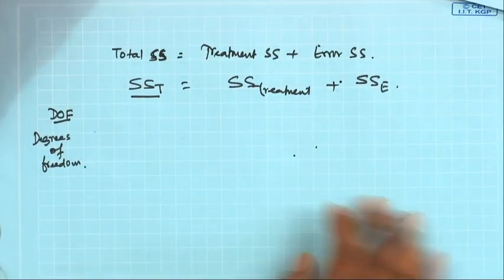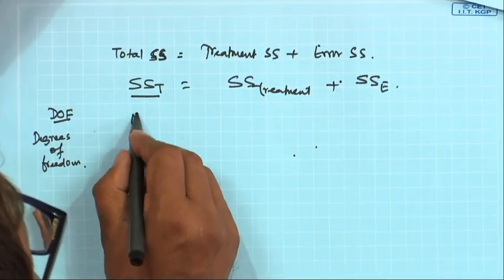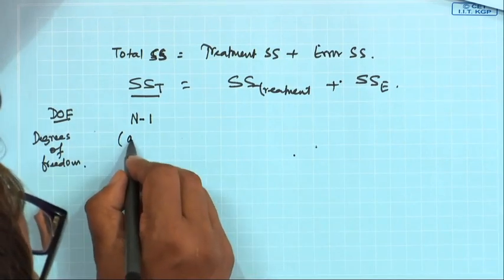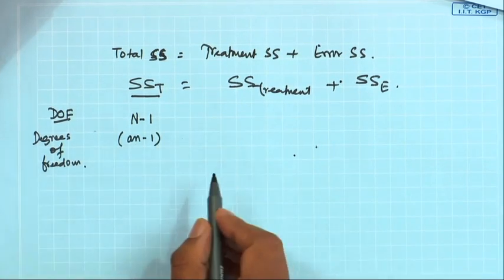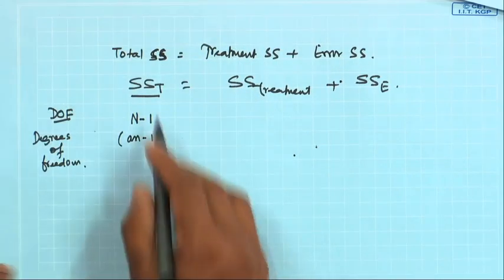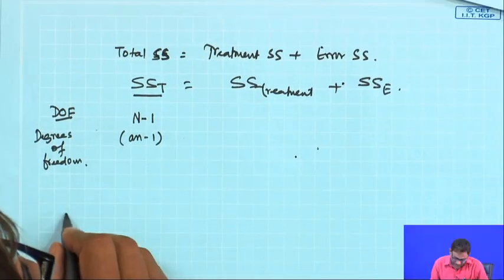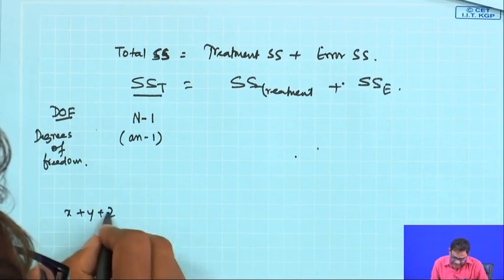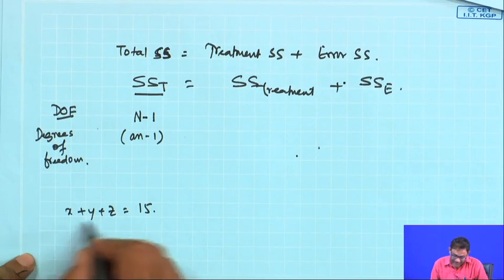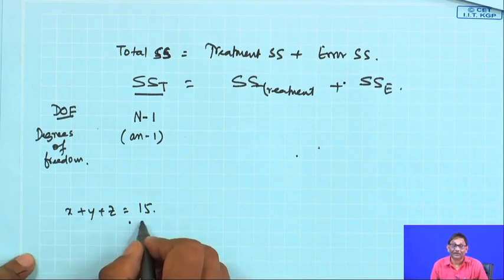So, the degrees of freedom for this is N minus 1, or you can write a n minus 1. It is something like this. Suppose I have given you x plus y plus z equal to 15. What is the degree of freedom you have in this calculation?